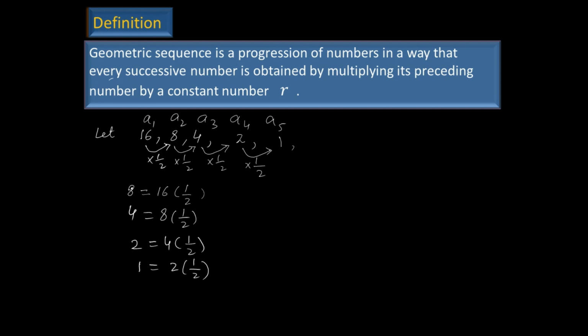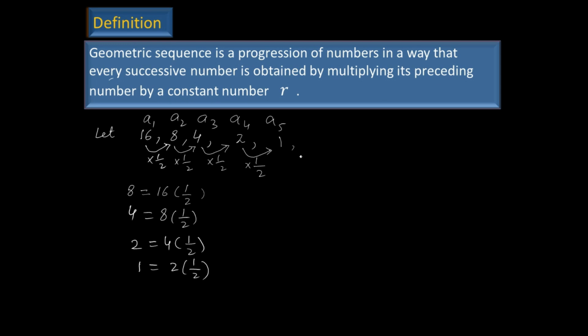So what is this? 8 is the second term. The second term is obtained from the first term by multiplying it with 1 by 2. The third term 4 is obtained by multiplying the second term 8 with 1 by 2, and the fourth term 2 is obtained by multiplying the third term with 1 by 2.